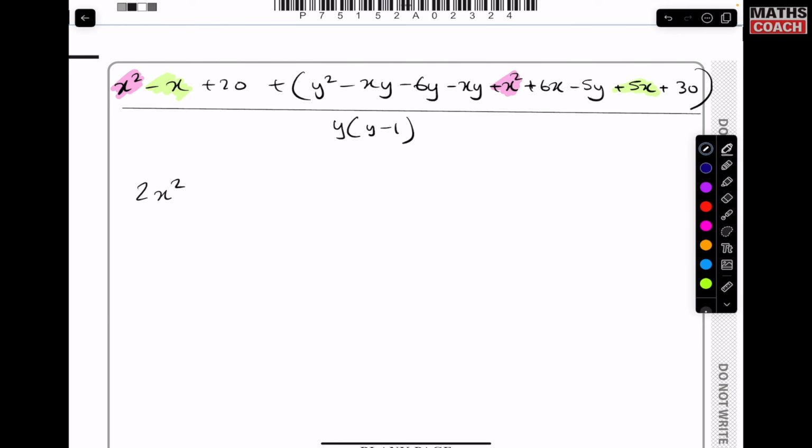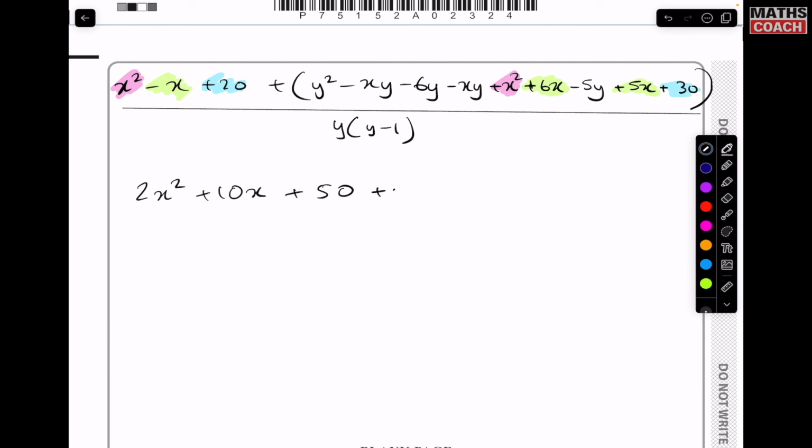So minus x, oh hang on, I missed one, and then that as well. So I have minus x plus 6x, which is 5, plus 5, which is 10. So plus 10x. Next we have the numbers. So we can just do 20 and that, which is 50. And now we have our y squared.